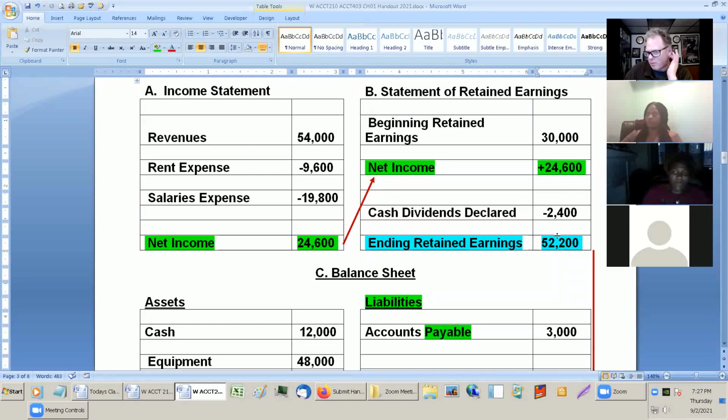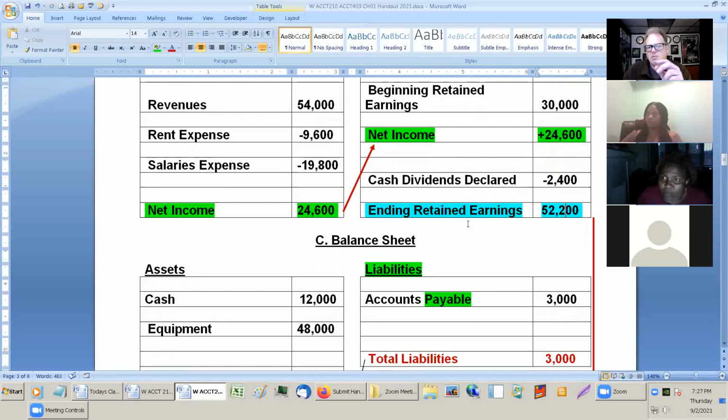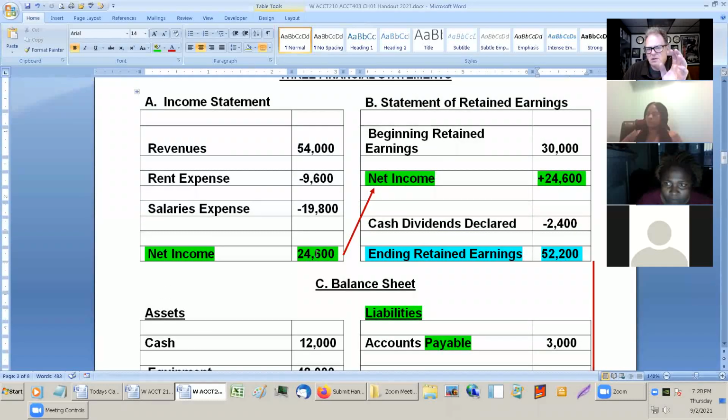I'm going to make one more point, then we'll go on to the next one. You'll notice that we have to do these in the order we did them in. For instance, you can't do a statement of retained earnings until you have the net income. So you have to do the income statement first. This has to come first because you can't make it without it.